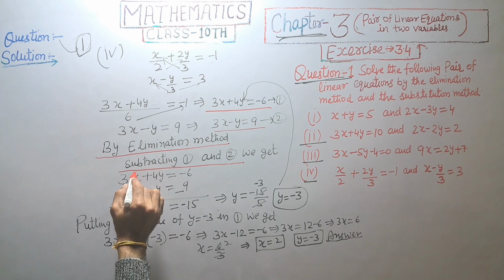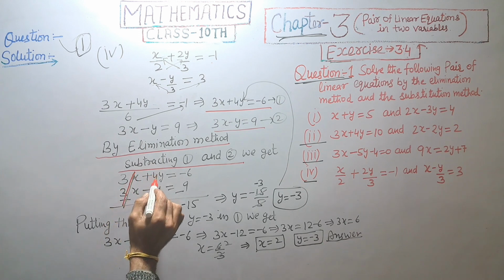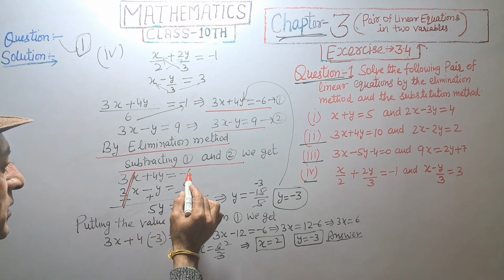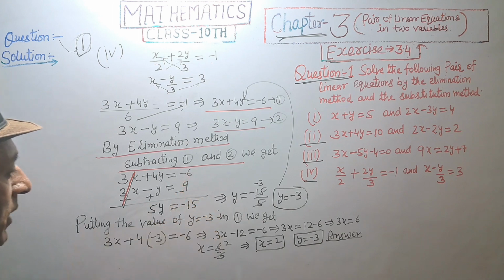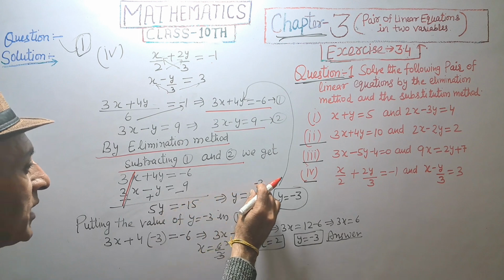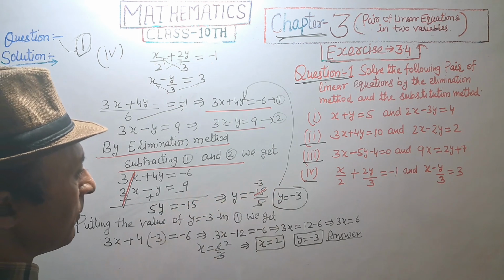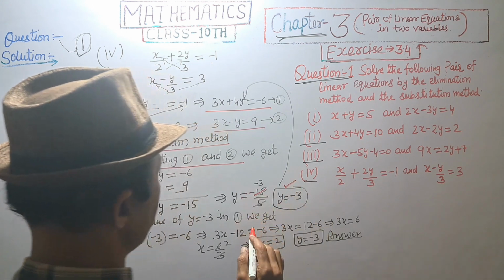And we are subtracting, 3x is 0 and 4y plus y is equal to 5y. Minus 6 minus 9, that is minus 15. So y is equal to minus 15 upon 5, that is minus 3. We get the value of y equal to minus 3.